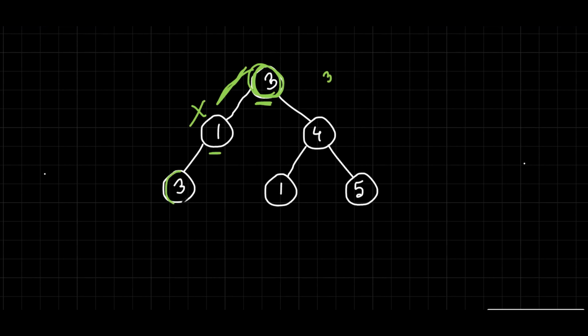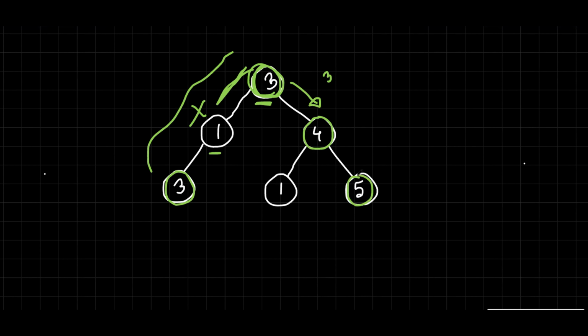But this 3 is a good node because it has no value greater than 3 in the path from 3 to 3. Now, this node 4 is a good node because in this path 3 to 4, none of the values is greater than 4.